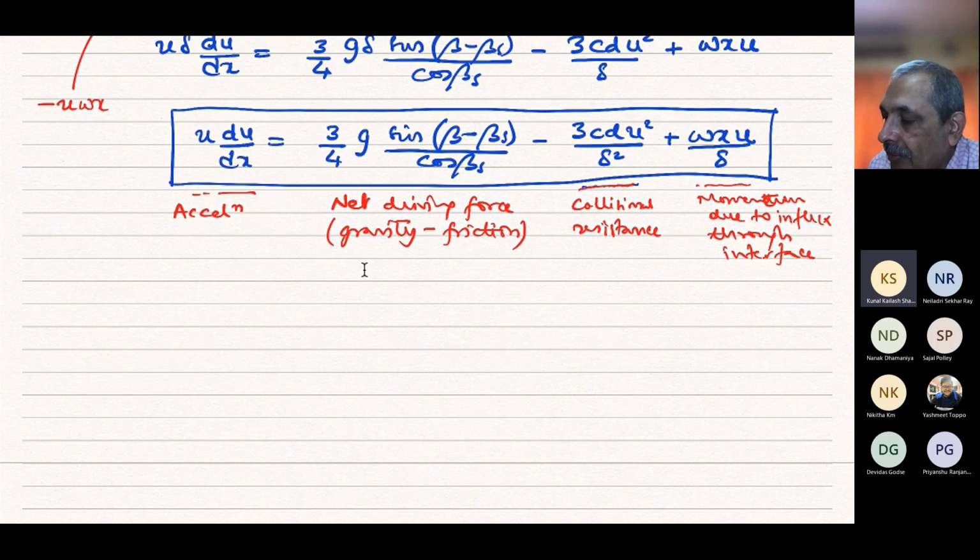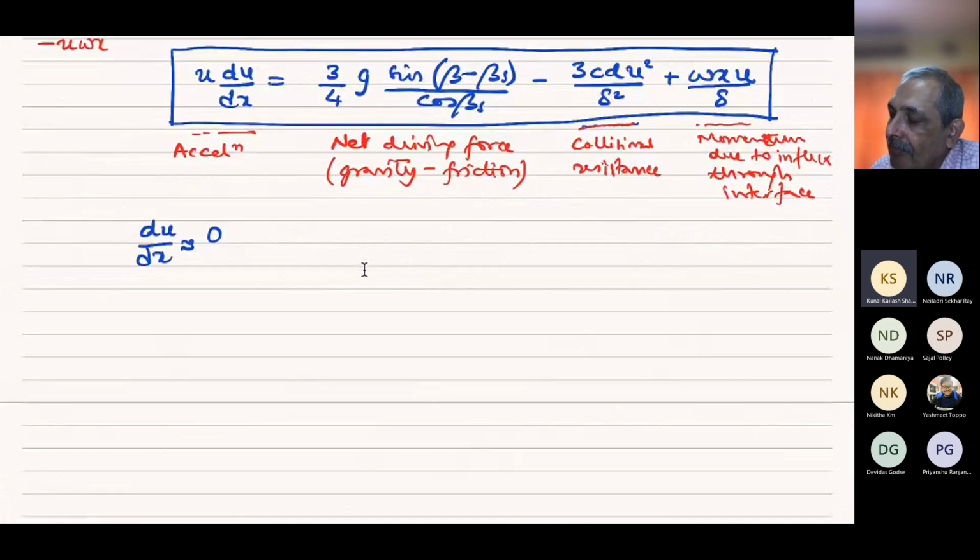Now, as a simplification, let us suppose that the acceleration is very small. As a first approximation, we can solve this by saying du by dx is almost equal to 0. If we do that, then if the first term is 0, you have an equation which is a quadratic equation in u divided by delta.